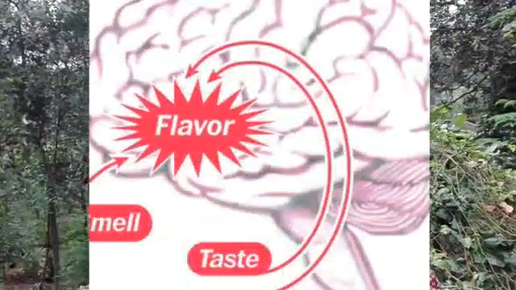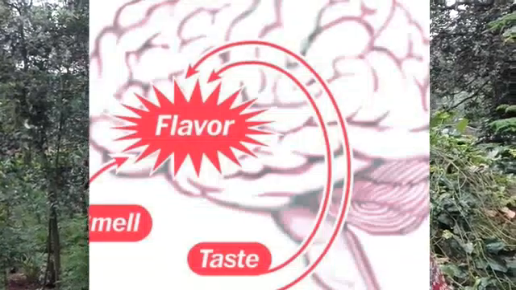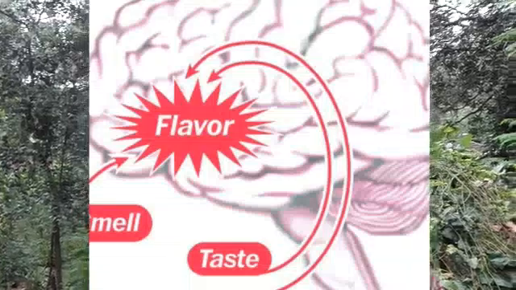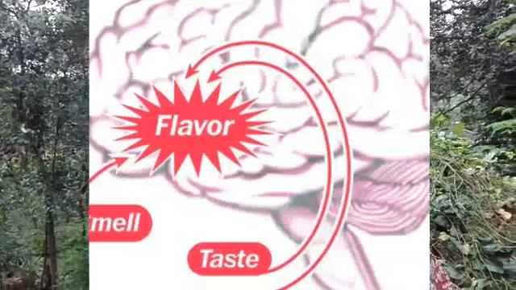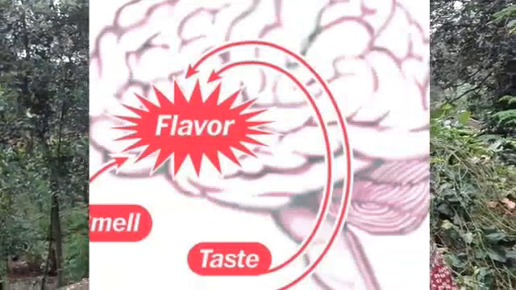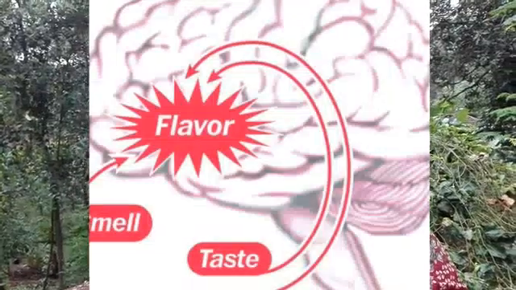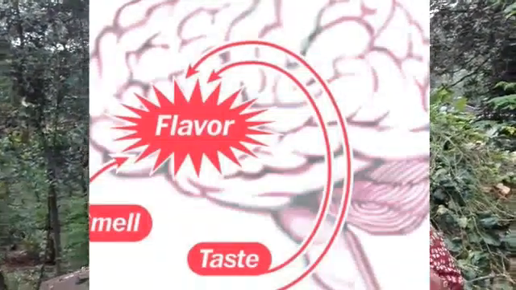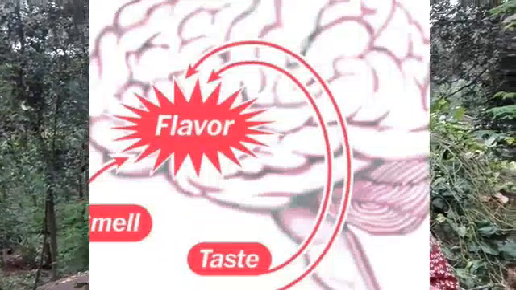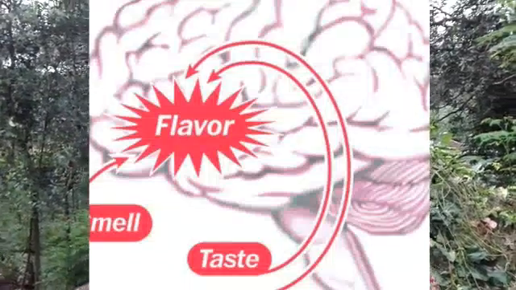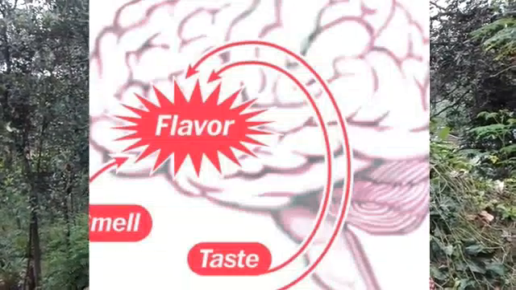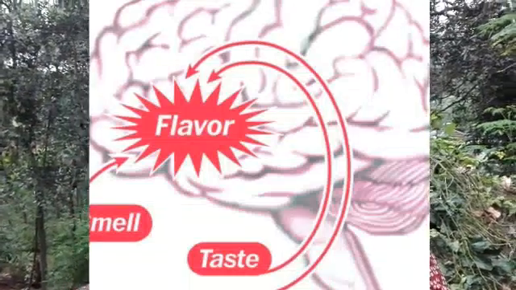Then umami taste is a Japanese term that means happiness. That means this type of food item gives us happiness. We know that children like this type of food because of this umami taste. In Ajinomoto, we know that in noodles and all, they are adding this Ajinomoto.